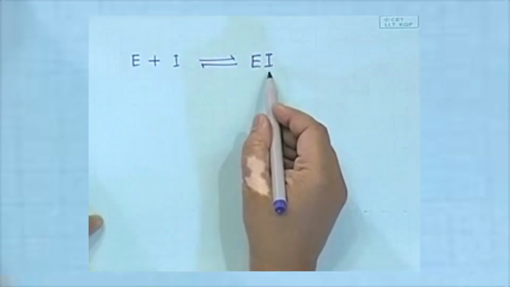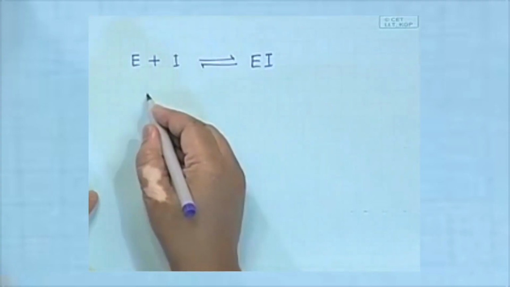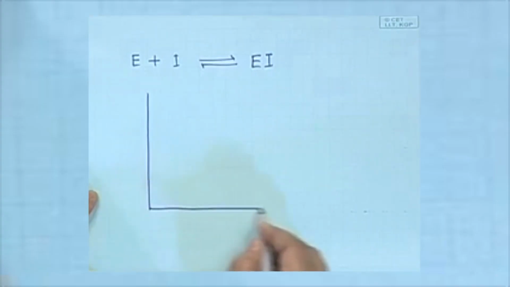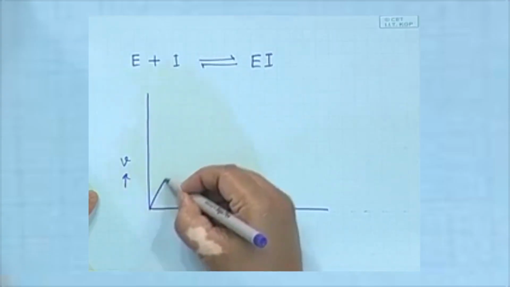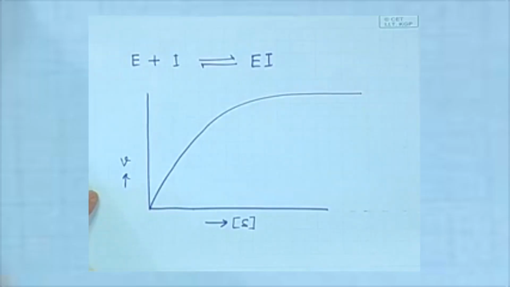Now, in my normal kinetic set, if I have the inhibitor, how is this going to change?